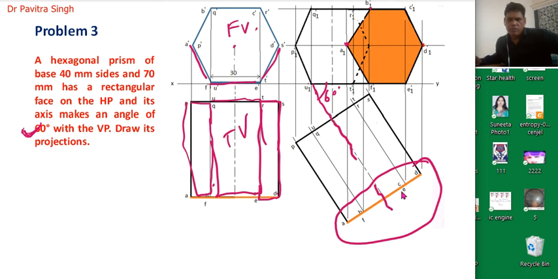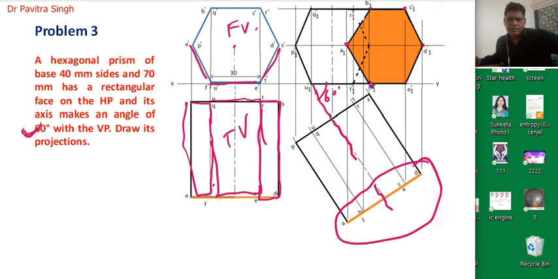Similarly, a vertical line from point C and a horizontal line from point C dash, so we will get this point C1 dash. Similarly, a horizontal line from D dash and a vertical line from D, we will get this D1 dash. A horizontal line from E dash and a vertical line from E, we will get this point.